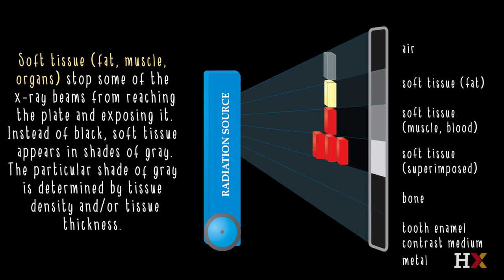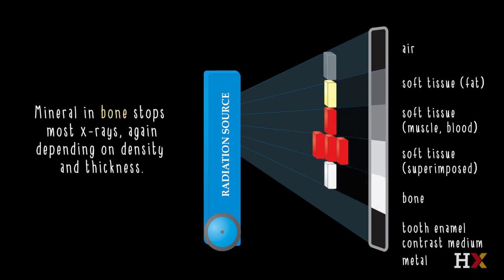And so the density of a tissue, as well as the thickness of the tissue, will affect how much the plate is exposed.